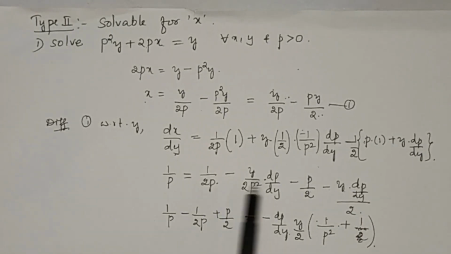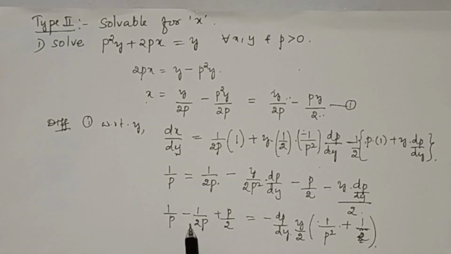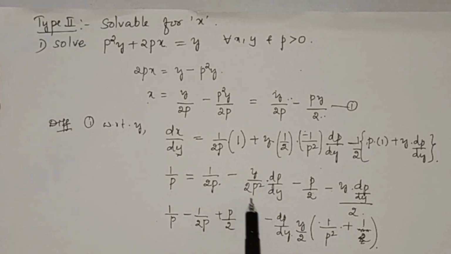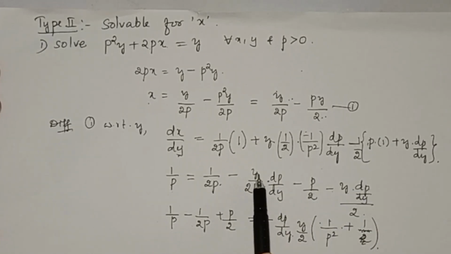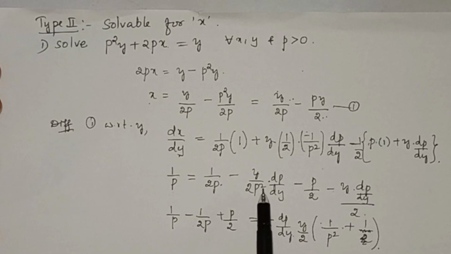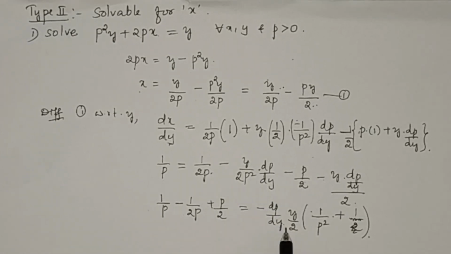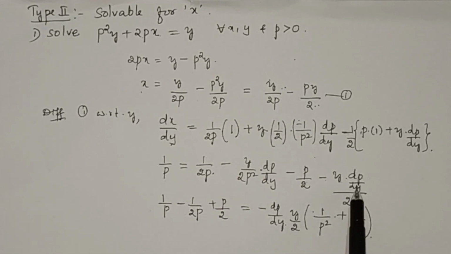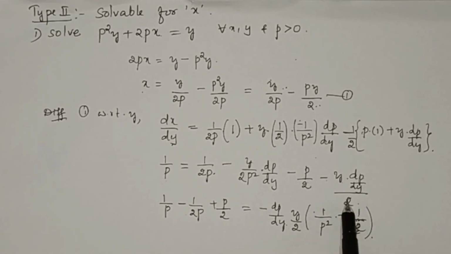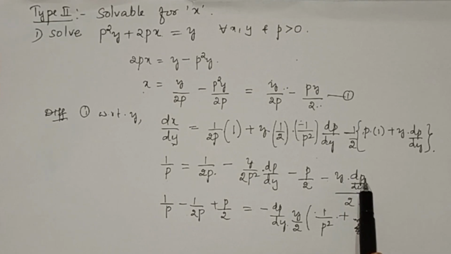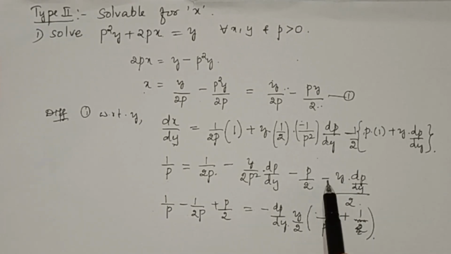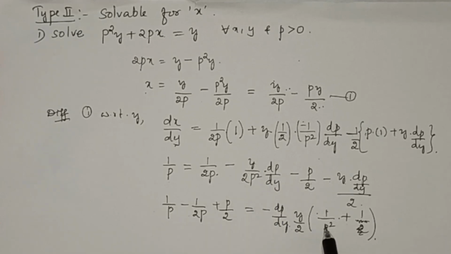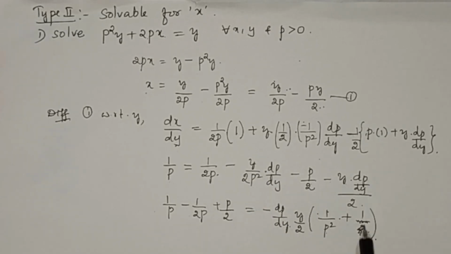Now all p terms on one side, so 1/p - 1/(2p) + p/2 is equal to, from these two terms, take y/2 into dp/dy common with a minus sign. Therefore what remains here is 1/p² + 1. 1/2 also taken outside, y into dp/dy taken outside along with the minus, so minus of minus is plus. Here 1/p² remains, here 1 remains.